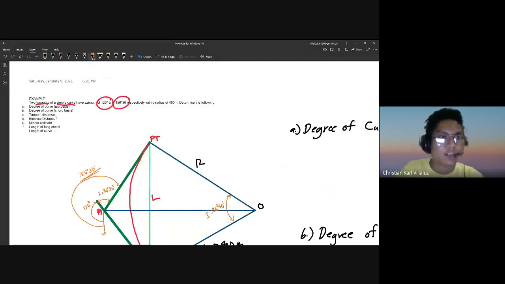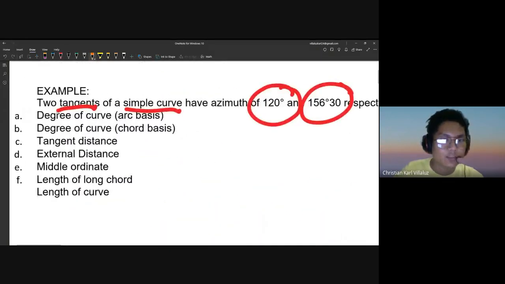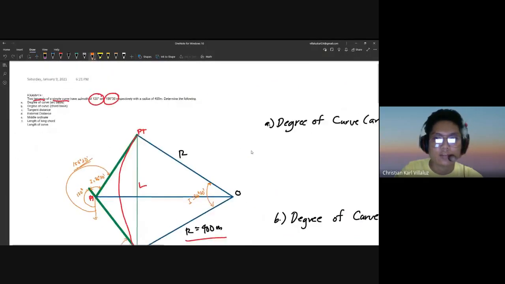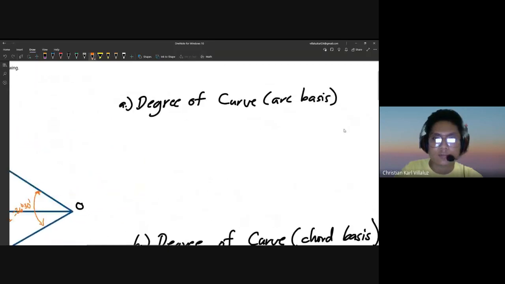So, what is required? What is the degree of curve through arc basis and chord basis for A and B? So, let's find it.